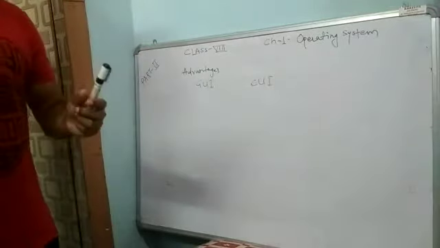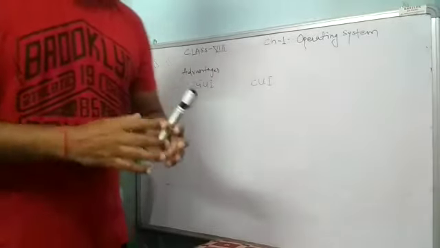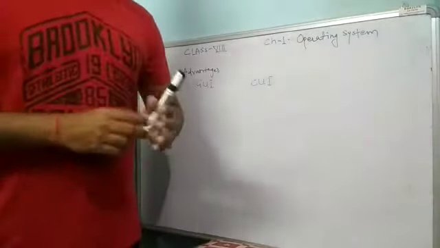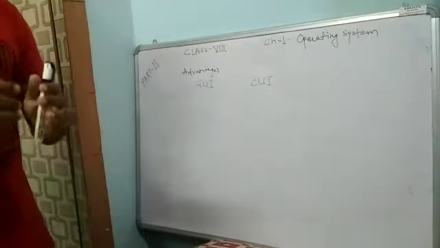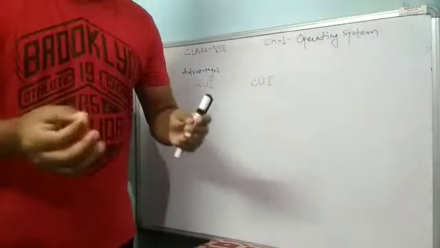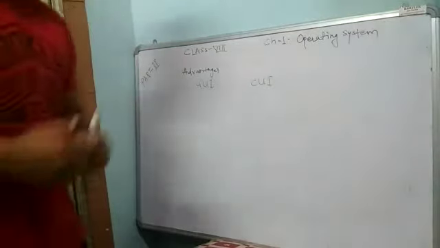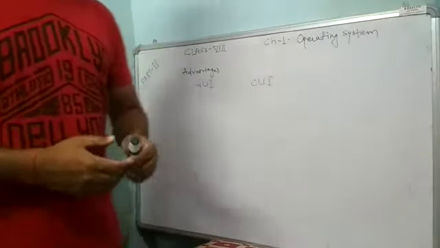and roles and responsibilities. In the classification part we learned about two different types of operating system on the basis of interface, that is GUI, graphical user interface, and CUI, character user interface.